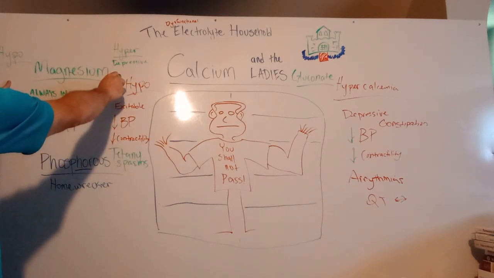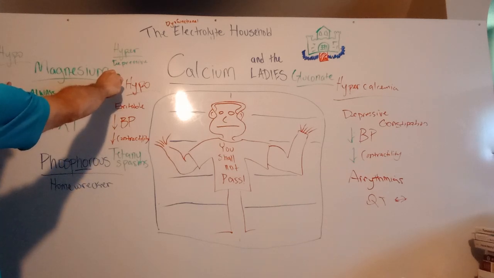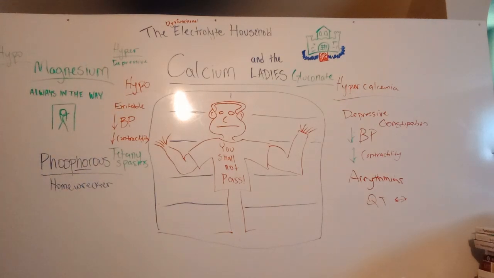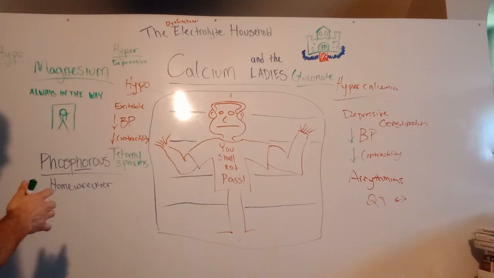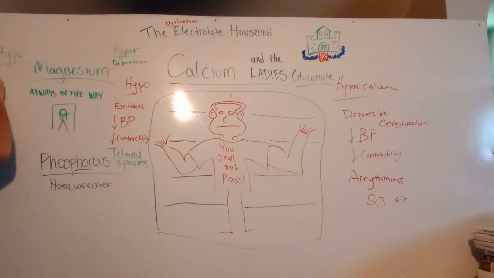If you have hypomagnesemia, then you also tend to get hypocalcemia because magnesium is really important when it comes time to make vitamin D. And so you get reduced vitamin D activation.